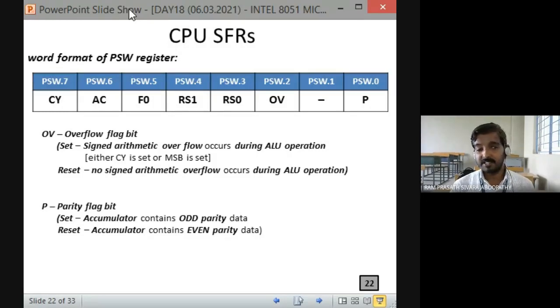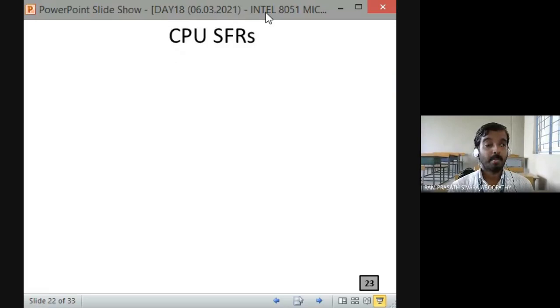So in the flag register we have the PSW register. Carry flag, auxiliary, then parity. Then additionally we have a user defined flag. Then we have the overflow flag bit. Next, the program counter register.